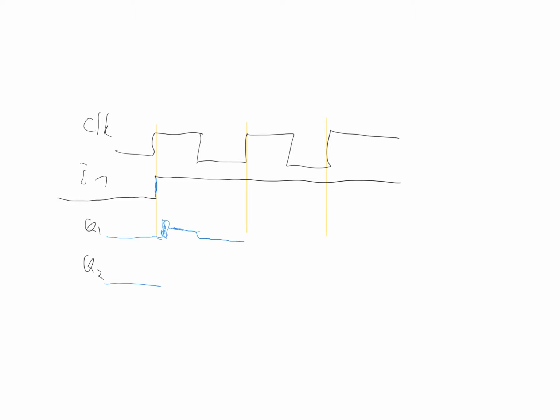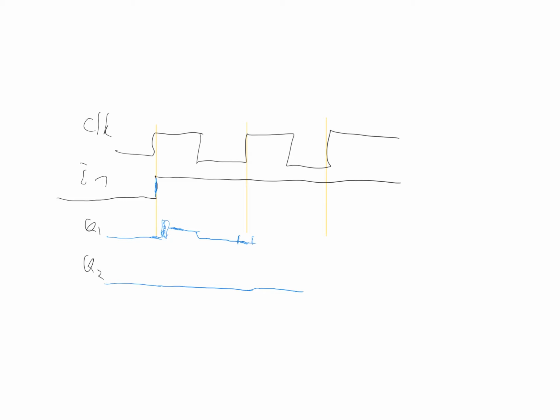If it exits to a 0, then at the first rising edge, the output of the second flip-flop is 0 and its input is already 0, so it stays 0. At the next rising edge, we see that the first flip-flop's output has been a 0 just before and just after the rising edge, so the second flip-flop will also stay 0.